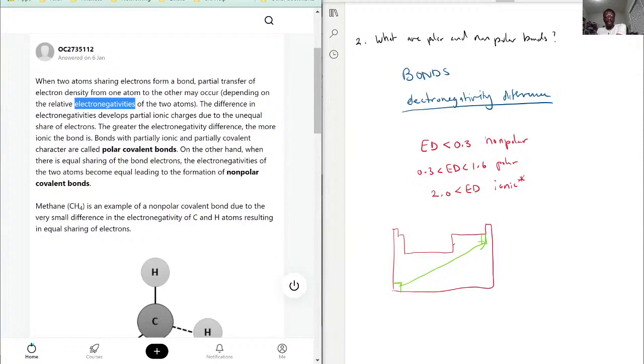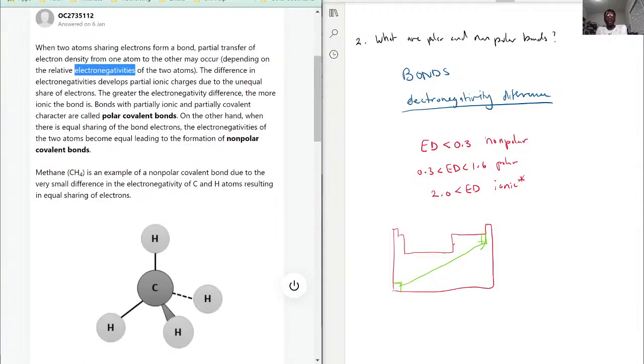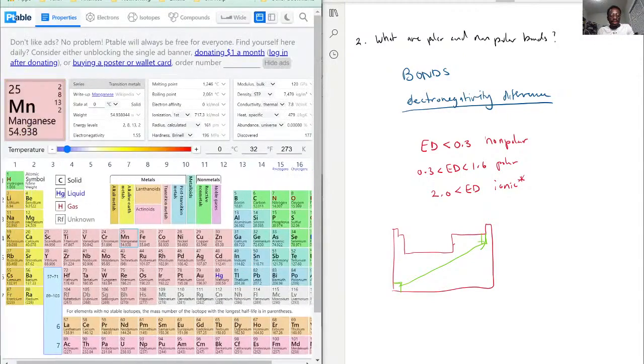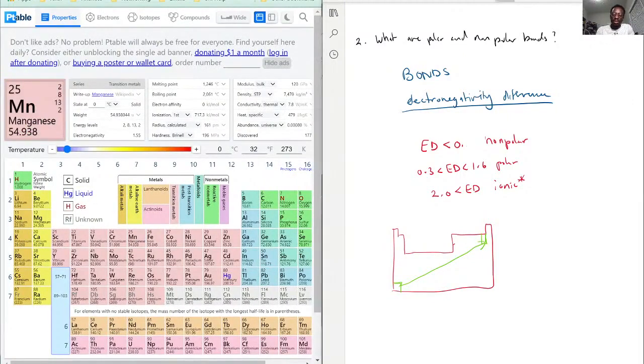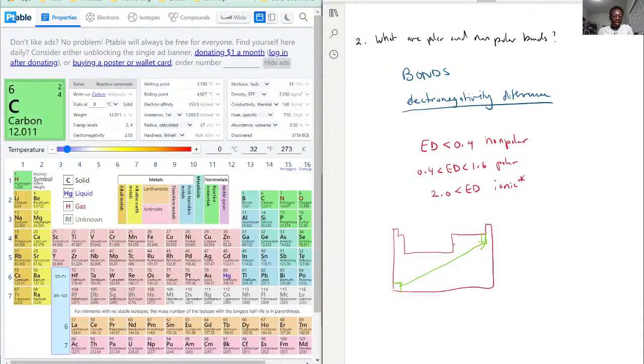As they show in this example, CH4 methane is a nonpolar covalent bond, because the difference in electronegativity between carbon and hydrogen is almost exactly 0.3. So that's why we don't count that. Let me just double check here. Or is it 0.4? I think it's 0.4 as a cutoff. You'll see here C and H is 2.55 and 2.20.